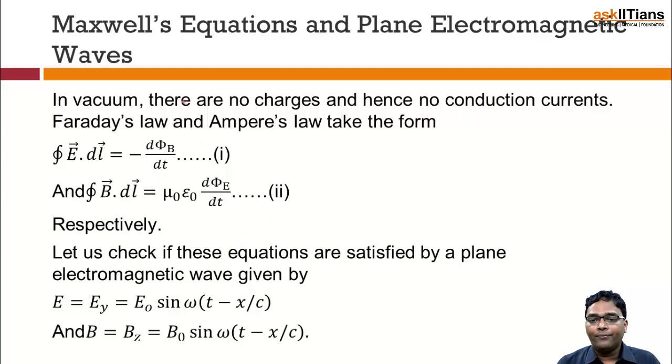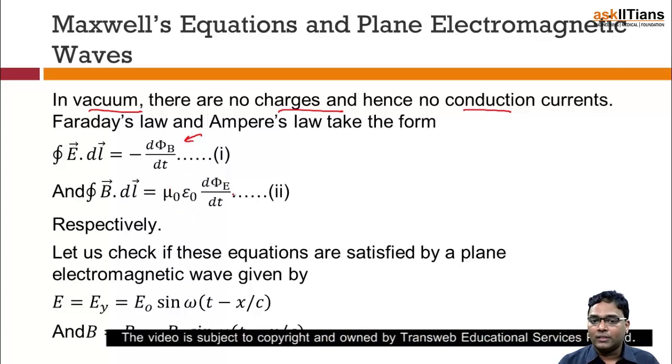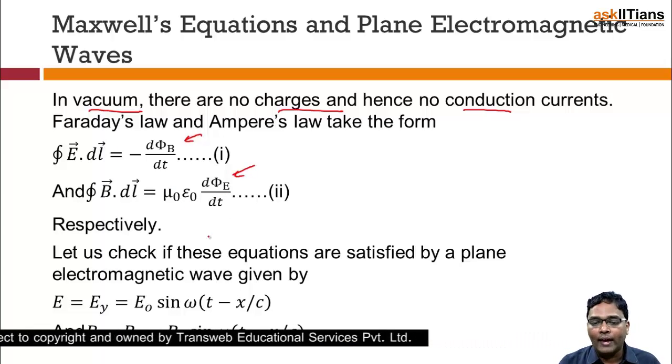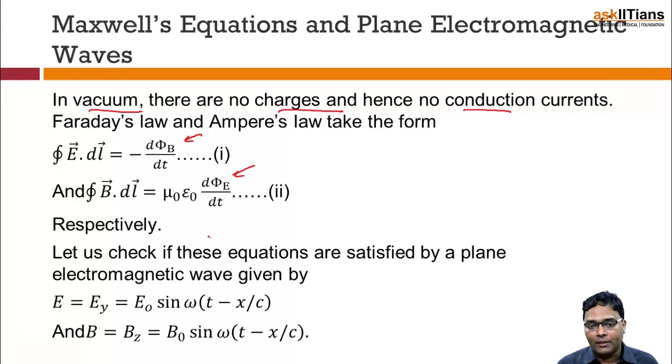We know that when we are in vacuum, there are no single charges and therefore no conduction currents. So Faraday's law and Ampere's law take the form: the closed integral of E dot dl is equal to minus d phi B by dt, and for Ampere's law, B dot dl is equal to the displacement current that we are aware of.